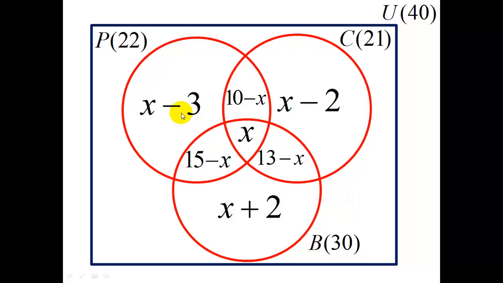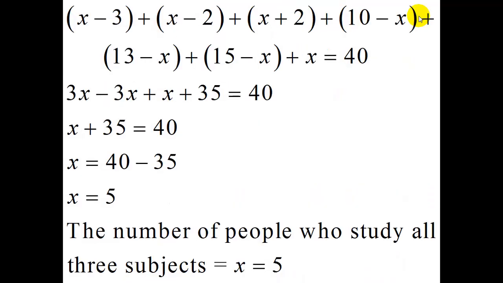Now, when we add all these 7 regions, that is x minus 3, x minus 2, x plus 2, 10 minus x, 30 minus x, 15 minus x, plus x, it must be equal to the universal set, 40. And so we add x minus 3 to x minus 2, plus x plus 2, plus 10 minus x, plus 30 minus x, plus 15 minus x, plus x equals 40.